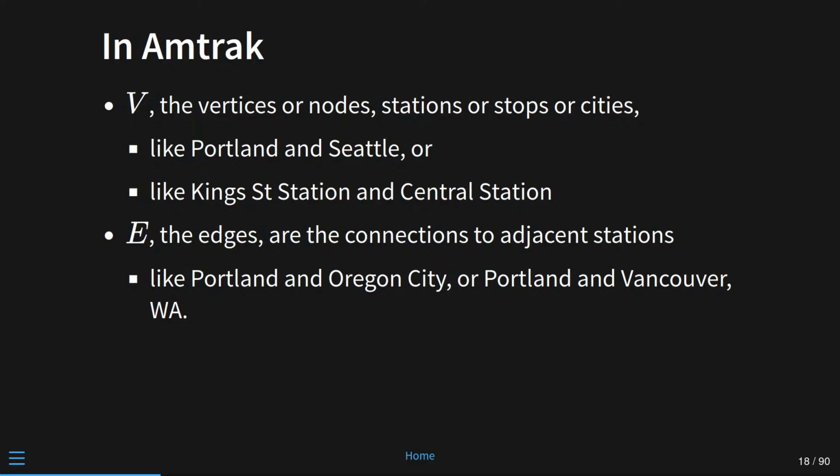It also stops in like Wilsonville, Woodbridge, and it also stops in either Tigard or Tualatin, and I don't know which one, and I also don't know the difference. Okay?